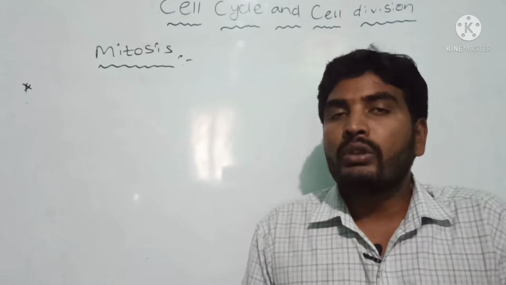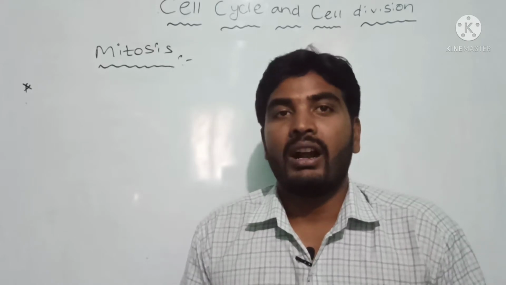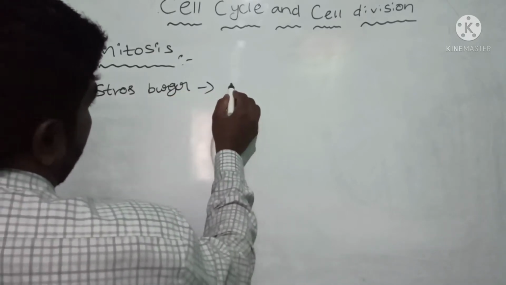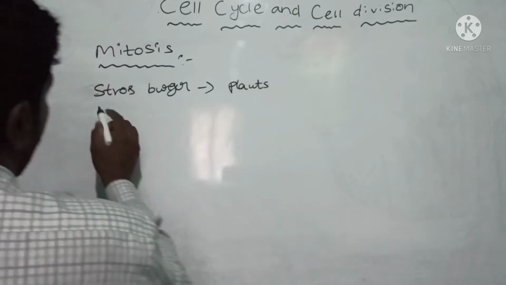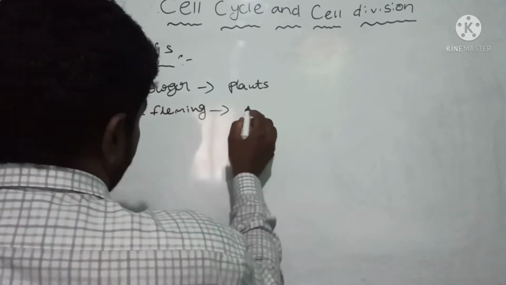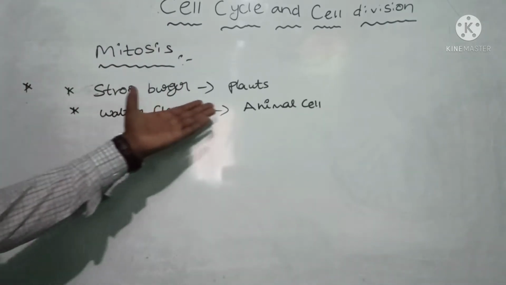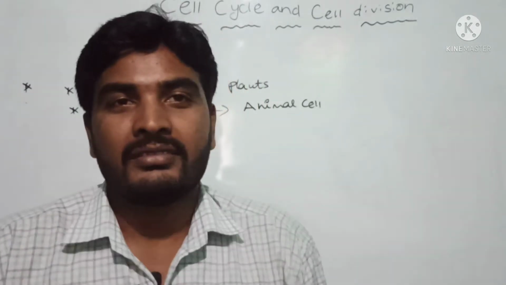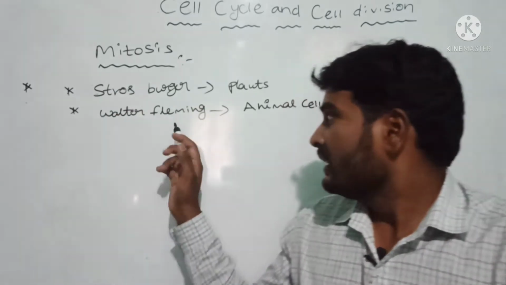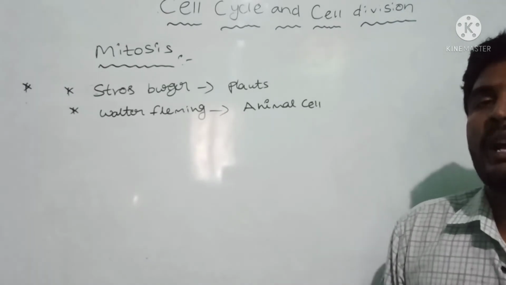And who discovered mitotic cell division in animals? Walter Fleming. So in plants, mitotic cell division was discovered by Strasburger, and in animals, by Walter Fleming.